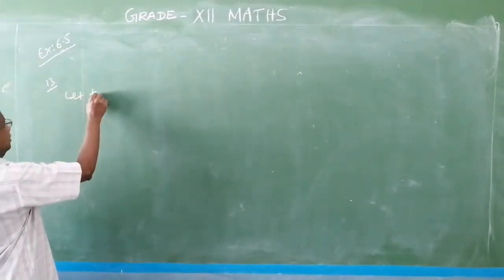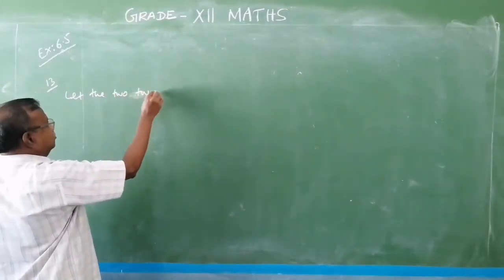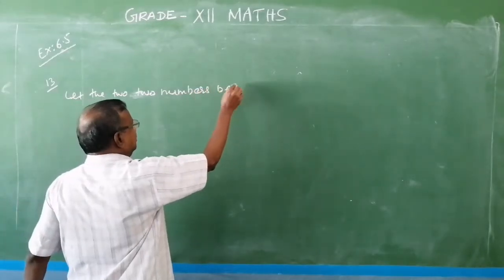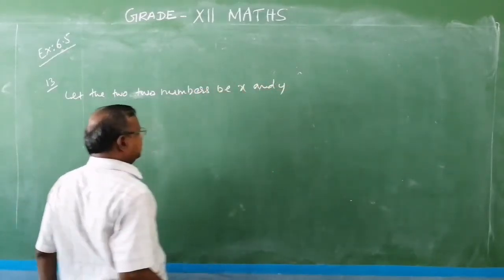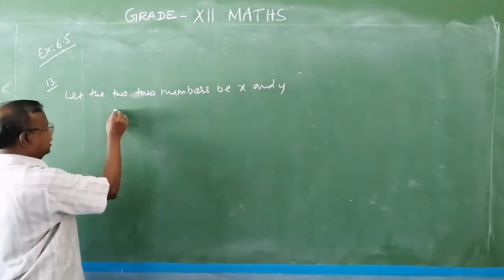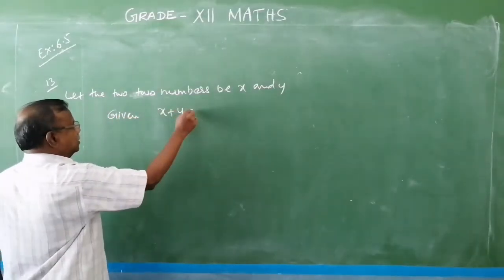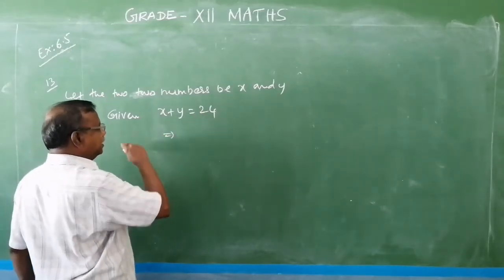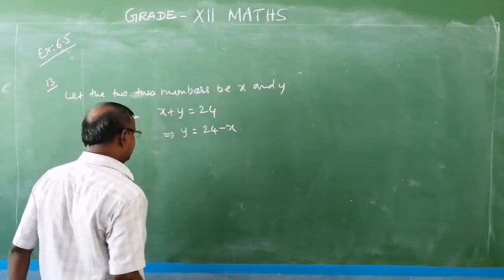Let the two numbers be x and y. Their sum is 24, given, therefore x plus y equal to 24. From this we can eliminate one variable, that is y equal to 24 minus x.